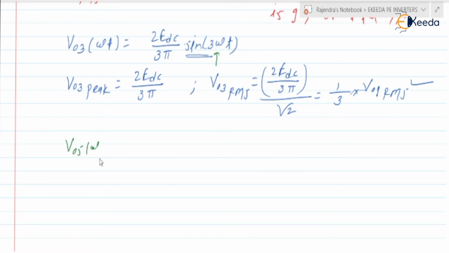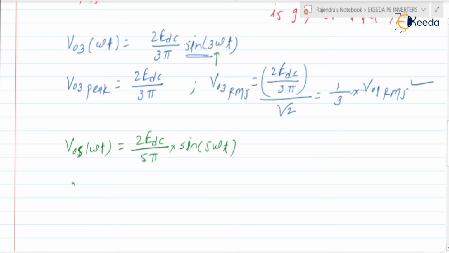Similarly we can find V05 of omega t, and V0 phi of omega t. V0 phi of omega t is equal to 2 EDC by phi pi into sine of phi omega t.